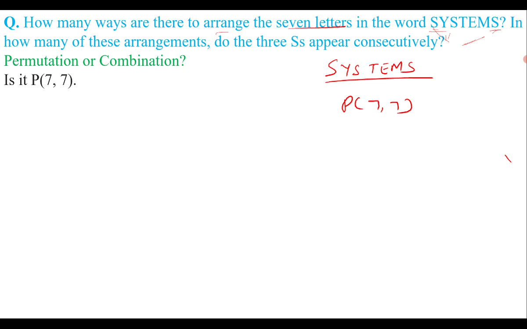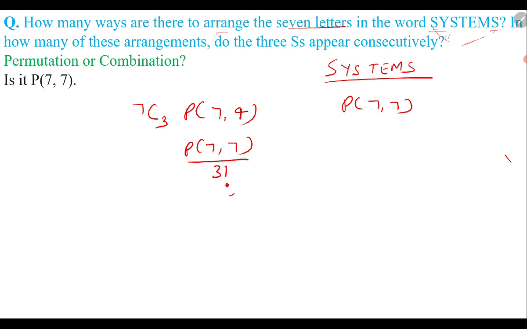It means that there are multiple ways of obtaining it. One way is that I pick the 3 positions out of 7 for the 3 S's, and use the permutation for the remaining 4. If you want to do it directly, I can simply do it as P(7,7) and divide it by 3 factorial.